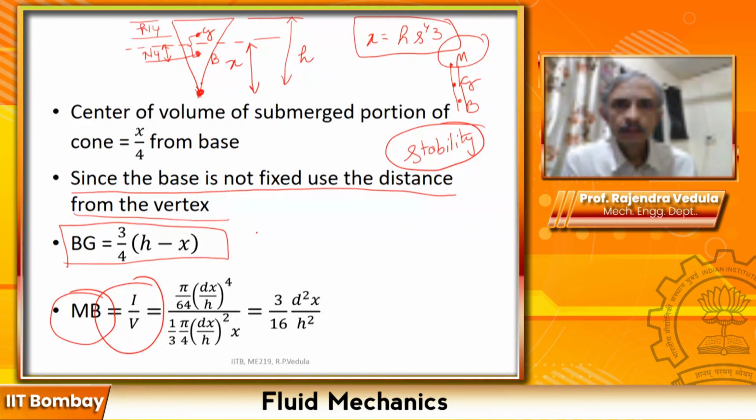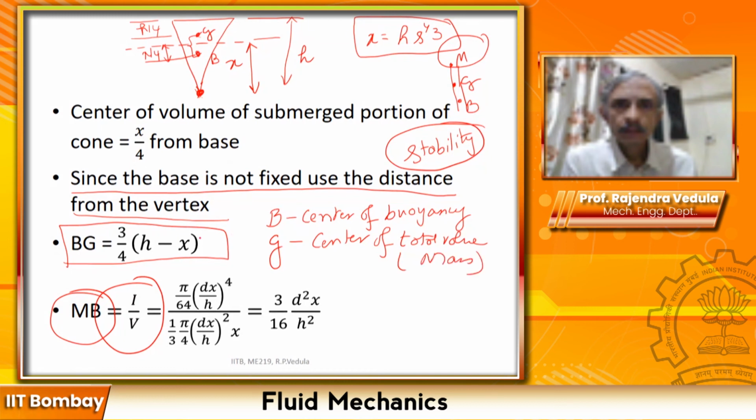B is the center of buoyancy. G is the center of mass of the total volume. So BG is 3/4 h minus x. The last thing that we need to figure out is MB, and MB is I by V. What is I now?